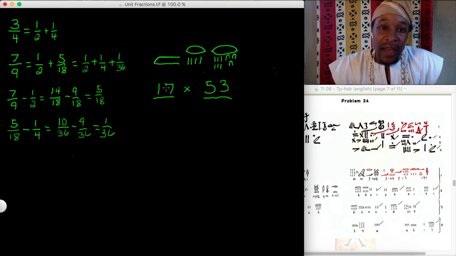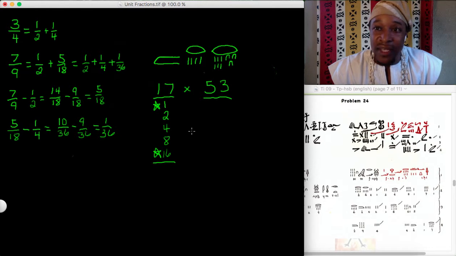The column on the left, underneath the 17, we're going to start with 1, and we're going to keep doubling until we have enough numbers that we can find a sum that equals 17. So we're going to double 1, that's 2, 2 and 1 is 3, that's too small, double again, 4, double again, 8, double again, 16. Okay, now that I've doubled this many times, I'm going to star 16 and 1, because if I take 16 plus 1, that gives me 17.